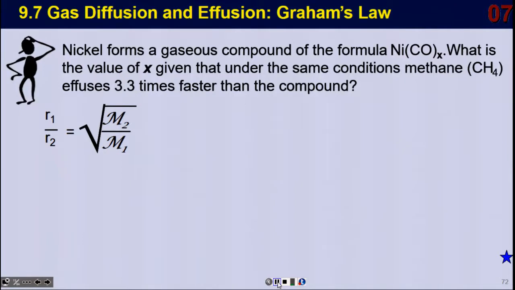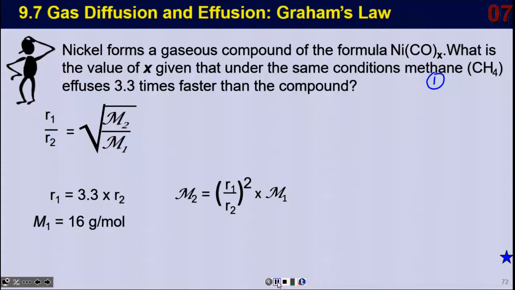All right, there's Graham's law laid out for us, and let's decide what rate 1 and rate 2 are going to be and how we'll use it. Rate 1 is going to be for the methane, let's call it methane gas 1. It's 3.3 times as much as rate 2. And the molar mass of methane, well, that's not so tricky. It's 16 grams per mole. Hooray.